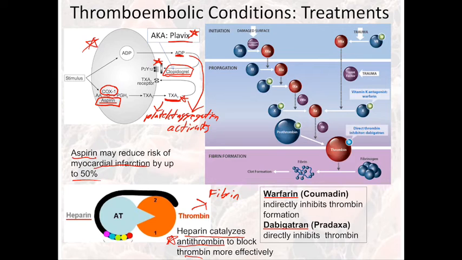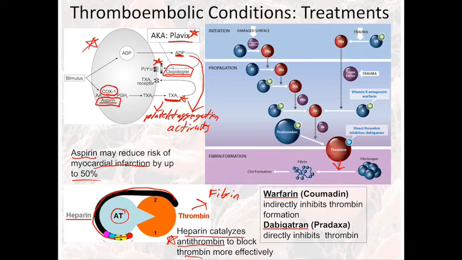So that was the last step of the clotting cascade. You can see it right here, thrombin turning fibrinogen into fibrin. So if we take the enzyme, this one here, antithrombin, and we wrap this heparin around it, heparin makes it so antithrombin holds tighter to thrombin, so it can't go and bind to fibrinogen and turn it into fibrin. So that's going to lead to less clotting as well. That's drug number 3.